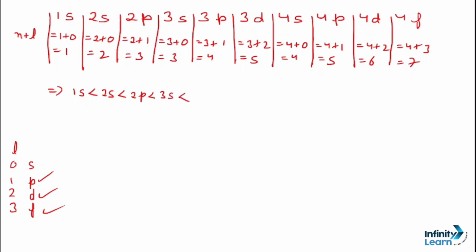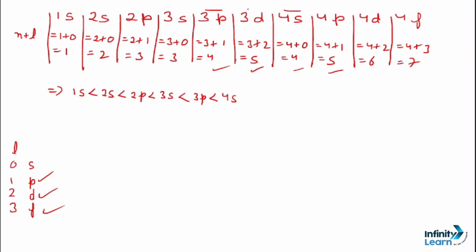Then when we compare 3p and 3d, the lesser one is 3p, so 3p will be taken first. As the answers of 3p and 4s are the same, whose n value is lower? 3p. So 3p will be taken first, then after it we will take 4s.